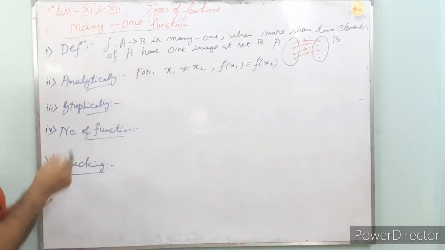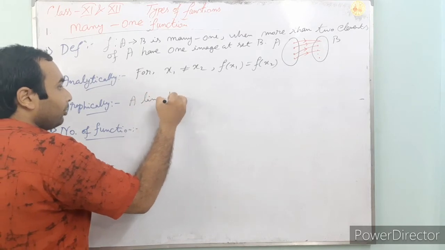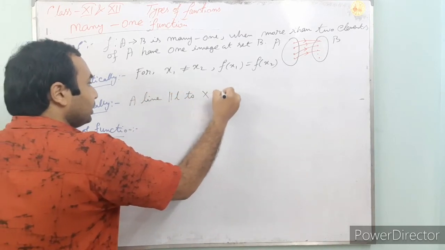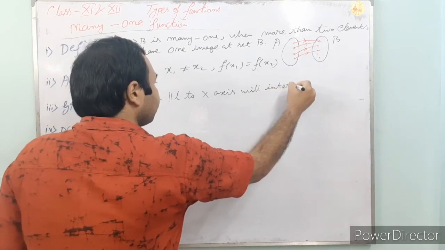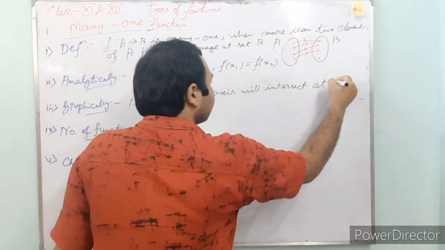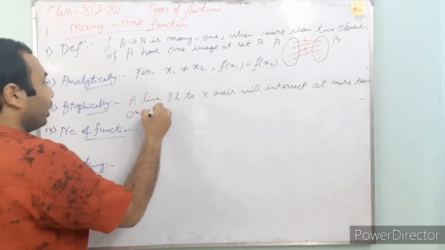Let me say that: a line parallel to the x-axis will intersect at more than one point.